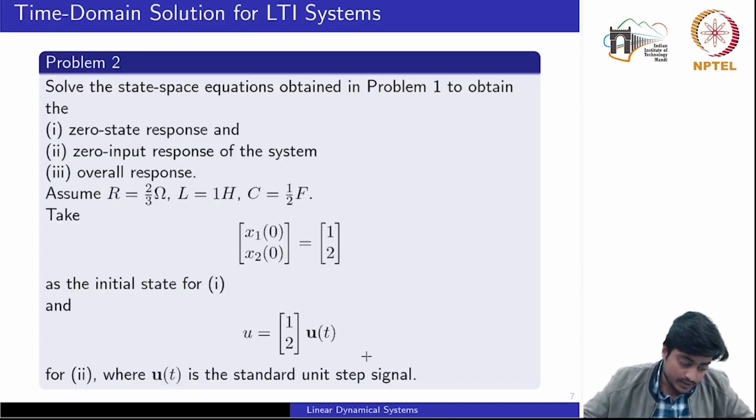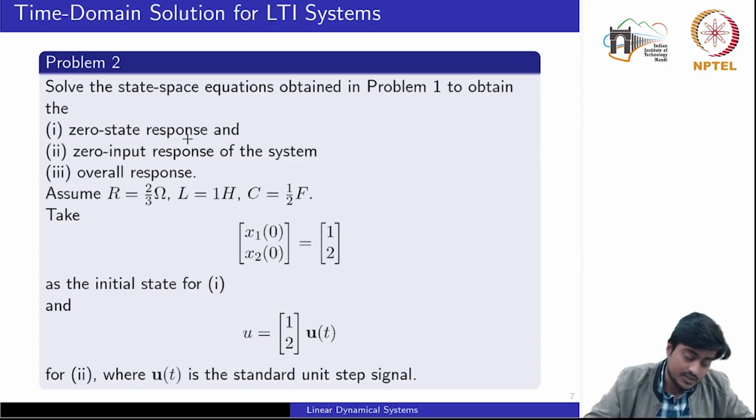After obtaining the state space representation of problem 1, now our interest is in computing the time domain solution of the LTI system. For computing the overall solution of the LTI system, we had studied that it can be represented as a summation of the zero state response and the zero input response. Here we'll compute three different parts individually.